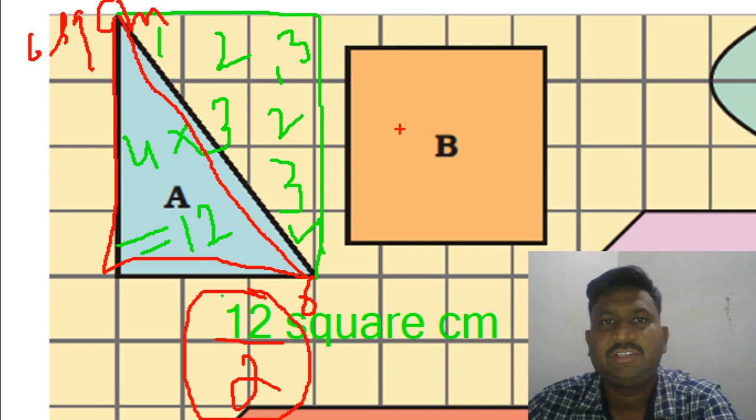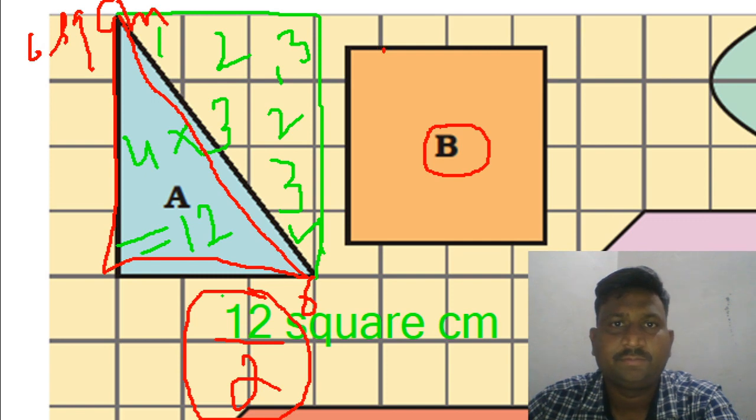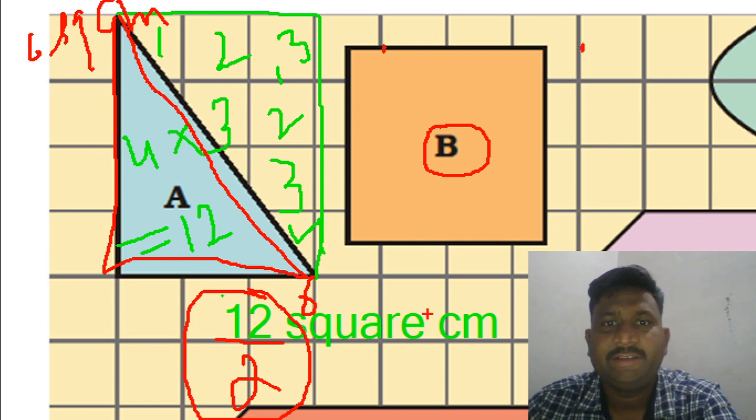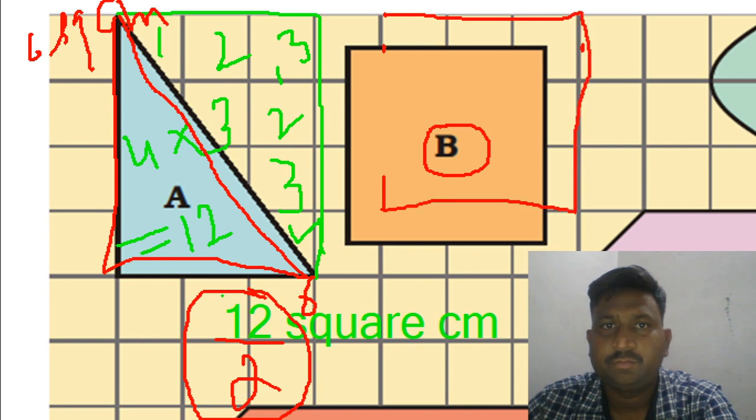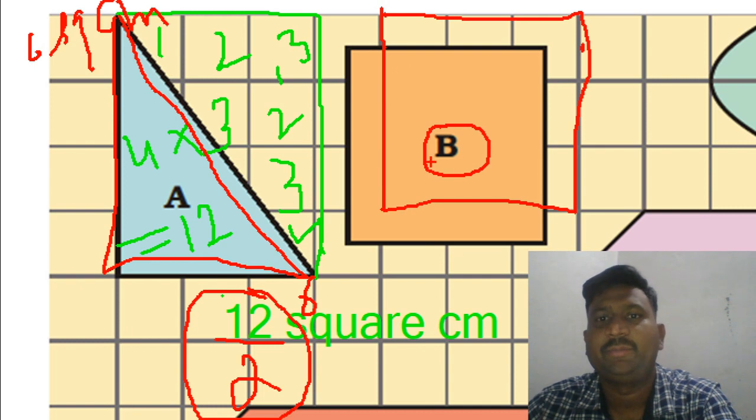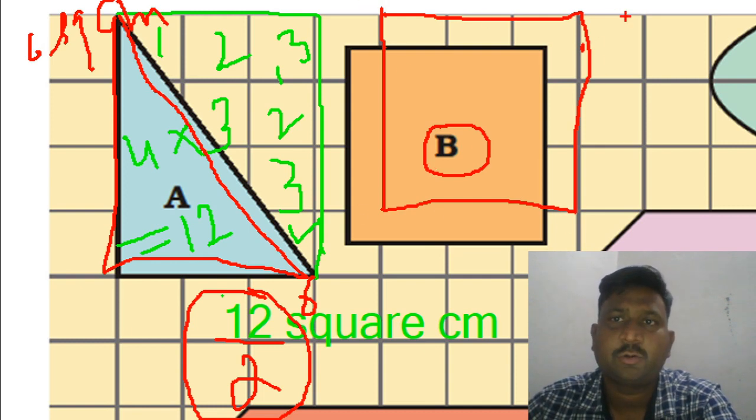Now see this A, this B. If it is started from here, it will finish here because this area is extra here. And if it starts from here, it would have finished here. So what can be the shape of B? This will be the shape of B if it starts from the lines of square sheet.